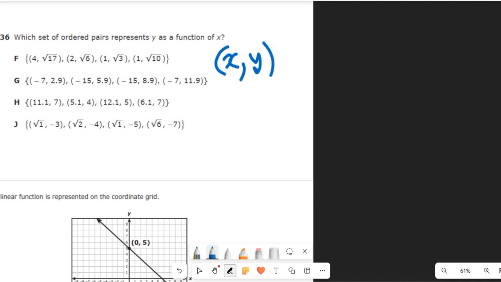So the x value 1 in the first expression appears 2 times, right? Appears here and here. Now, do they have different outputs? Yes, they have different outputs. y is root 3 and the other one, y is root 10. That is not a function.